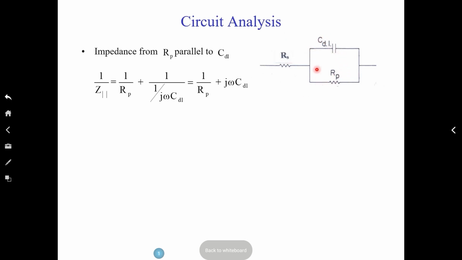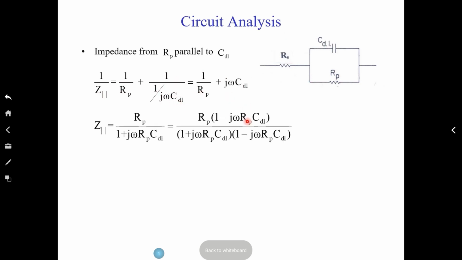The way you do it is you do the parallel part first. That's 1 over Z parallel, which is going to be 1 over R P plus 1 over 1 over j omega C. Remember that concept? The contribution from a capacitive component to the admittance. So you can simplify, keep going.